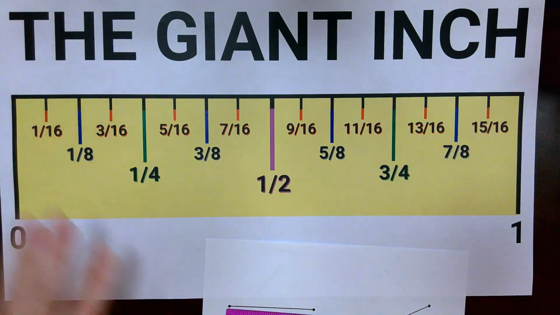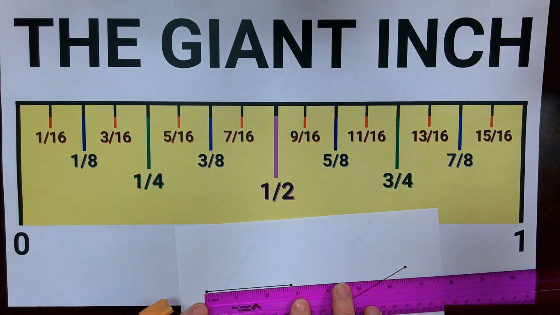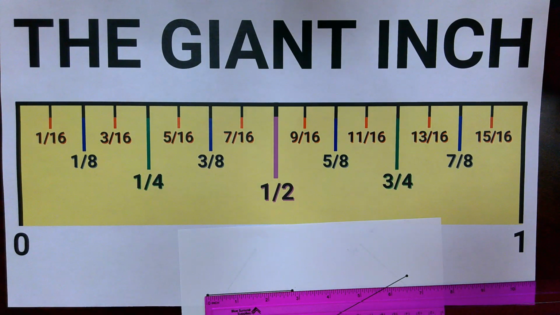We can use this little chart to decide what fraction we land on. Once you think you have the correct measurement, go ahead and use a pencil in case you write the slightly wrong answer so you can erase it. Go ahead and label this line here.